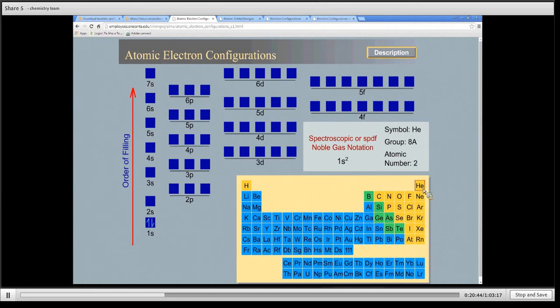Helium would be 1s2. And then if I carry on, lithium is 1s2, 2s1. Beryllium, you can see it keeps going up, and it just adds up. You'll notice neon has a full energy level, because it can take a maximum of 8 electrons in the second energy level.